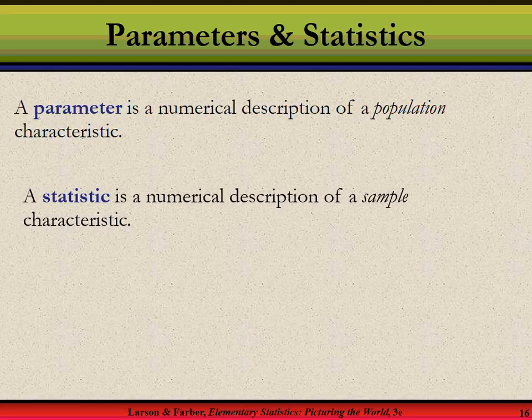Maybe 3, because we might want numerical in there. And probably 3 for a statistic. Notice no S on the end of that. Statistics is the whole class. Statistic is something different.